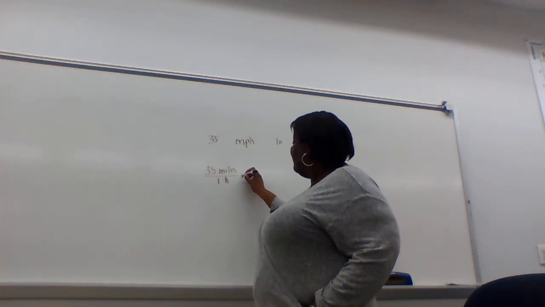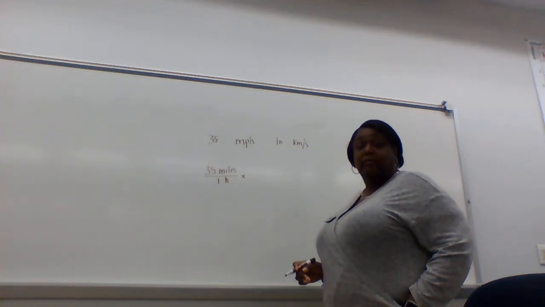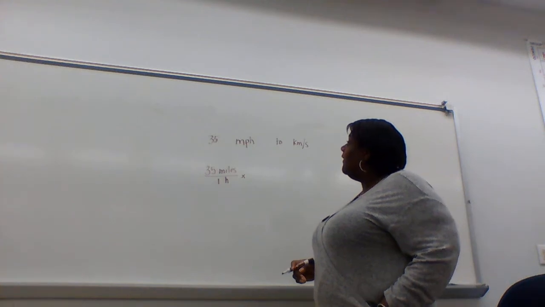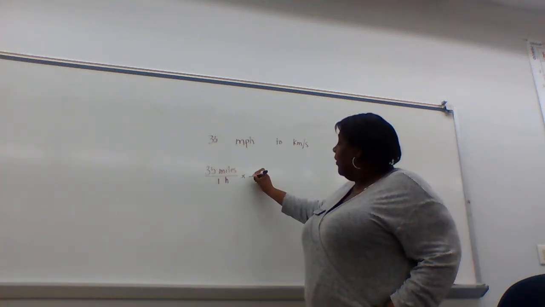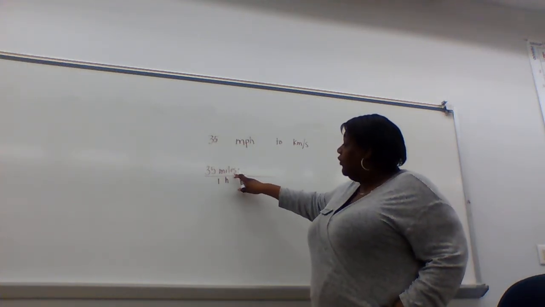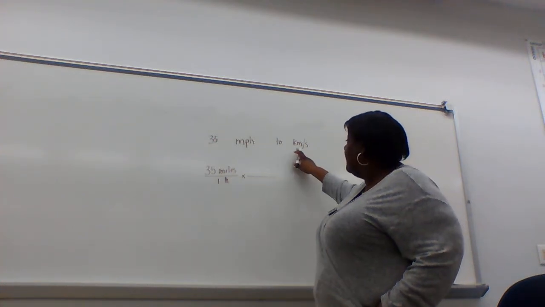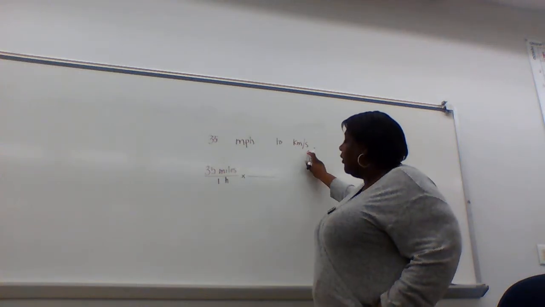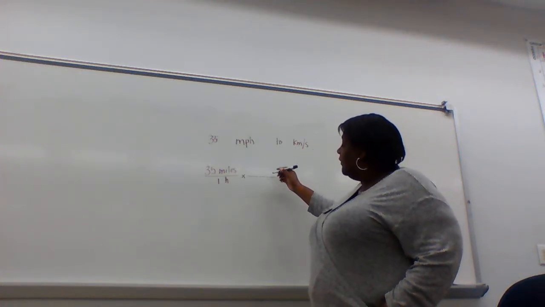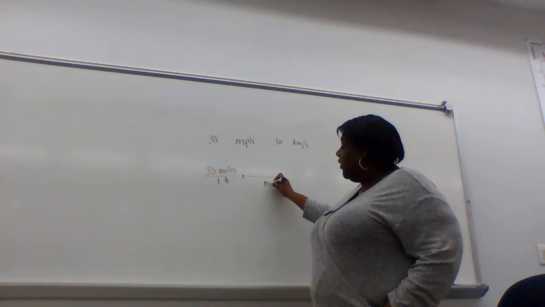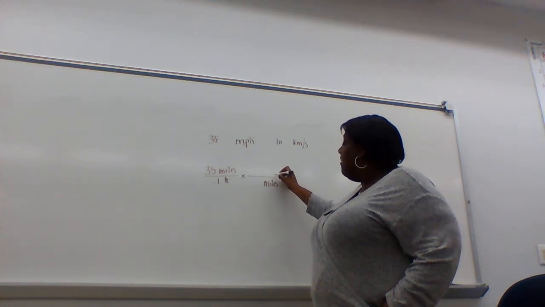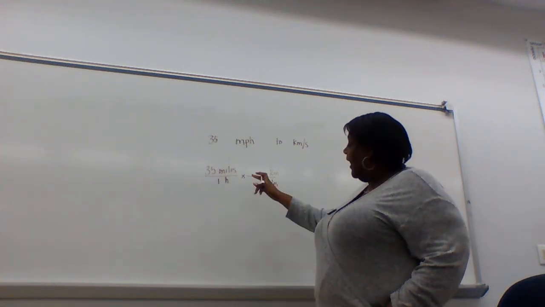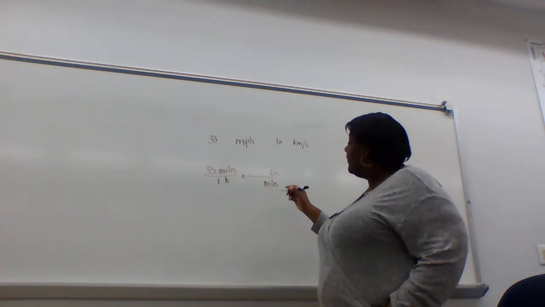All right, and then I've got to do a conversion to get that to kilometers per second. And so if we do our conversion, what we want to do is we've got to get miles to be converted to kilometers, and we've got to get hours to be converted to seconds. And so you can look up a conversion factor that goes from miles to kilometers, and that would take care of the first part of your problem.